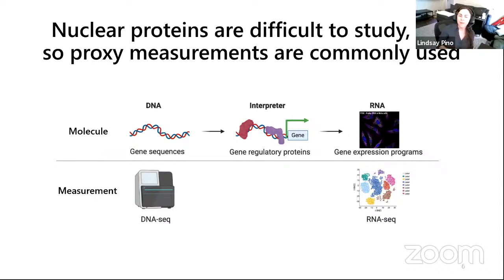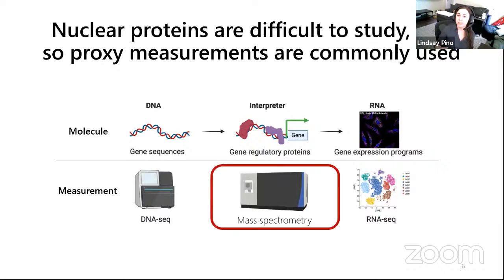For studying DNA, we have next generation sequencing, which has come such a long way in the last 20 years or so. We can use sequencing technology to do things like RNA-seq to measure RNA molecules. But if we want to actually measure the proteins that are organizing, scaffolding, reading, and writing DNA inside the nuclei, we really need to use something that reads the proteins themselves.